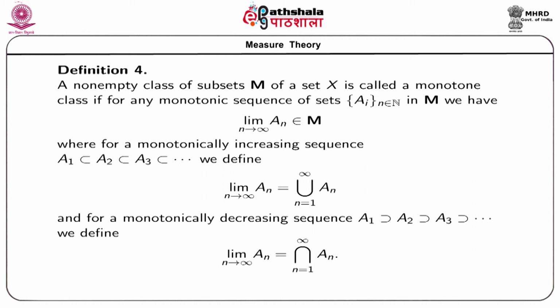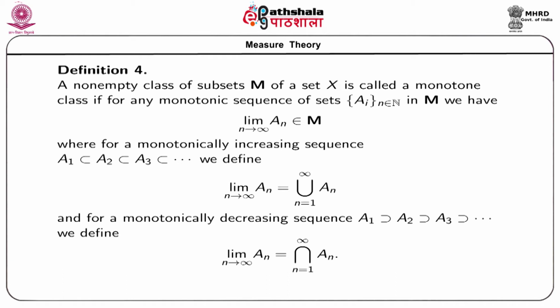Now, we introduce our last definition in this set theoretic classes. A non-empty class of subsets M of a set X is called a monotone class if for any monotonic sequence of sets A_n in M, the limit set of A_n belongs to M. For a monotonically increasing sequence, that is when A_1 is a subset of A_2, subset of A_3, etc., we define the limit set as the union of all the sets, that is union n equal to 1 to infinity A_n.